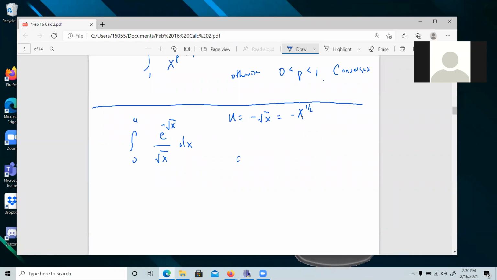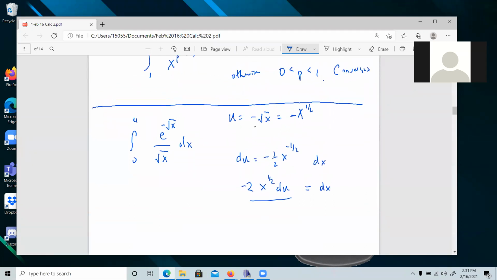And then my du: we have negative x to the 1/2, so negative 1/2 x to the negative 1/2 dx. Following along with how your book does this, we have negative 2 x to the 1/2 du. We just multiplied through because we're going to replace our dx with this.